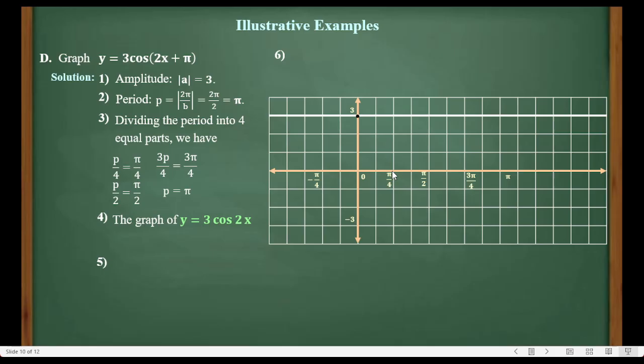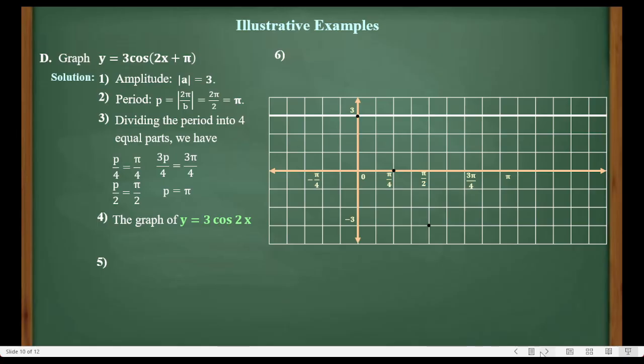So this is where you plot the point. Then for the second division of the period, pi over 2, substitute as the value of x. So cosine of pi, that will give you negative 1 times 3, it's negative 3. So this is where you plot the point.